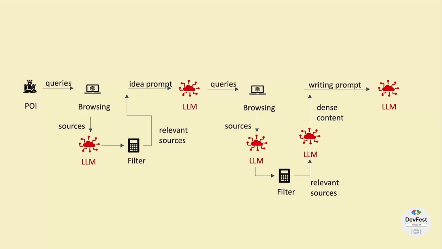We go over our filtering pipeline to make sure the sources are relevant, and then craft ideas of stories to tell so that we know what are the top 5 curiosities, for example, about this place. And go on until the final content is ready to be shipped. And this happens in more or less 15 to 20 seconds, real time on demand when the user is on site.